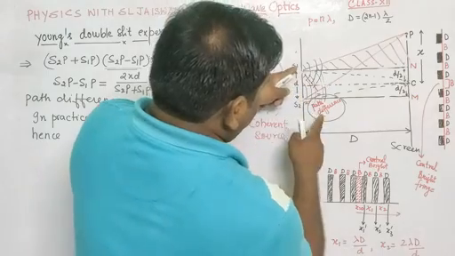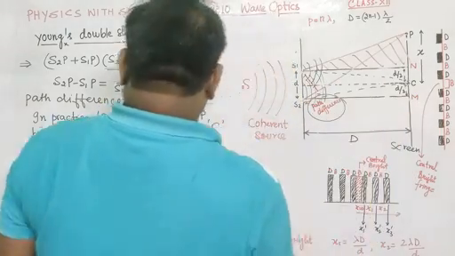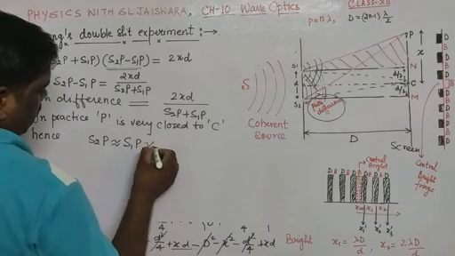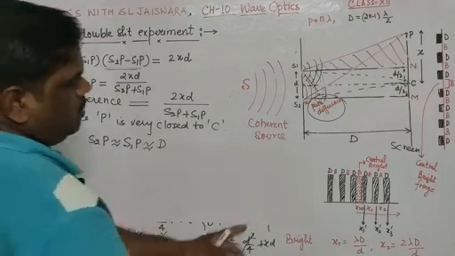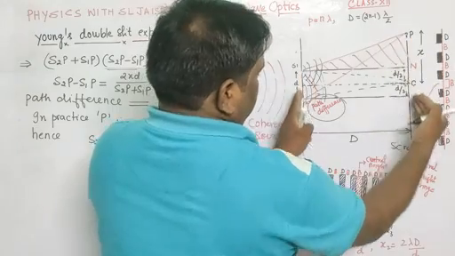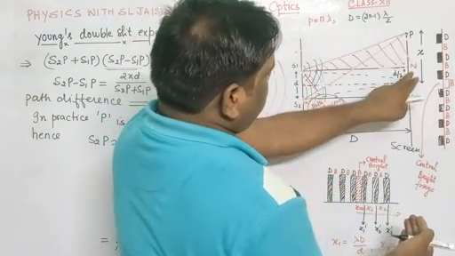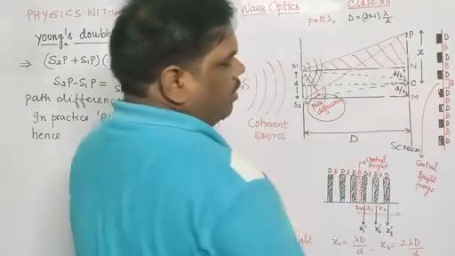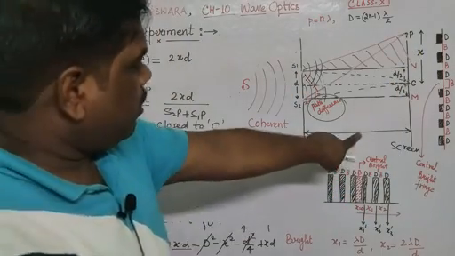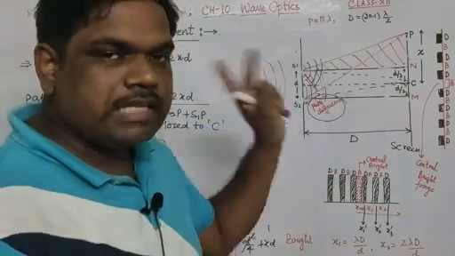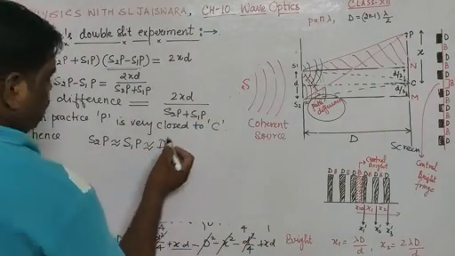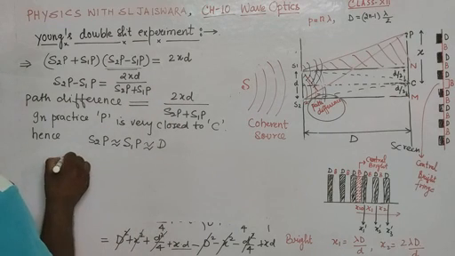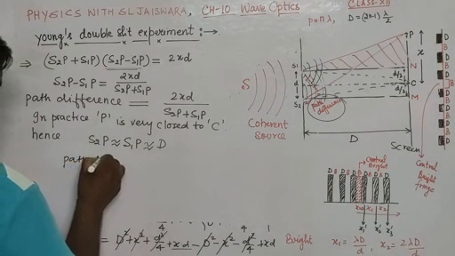and when this point is very close to C, then what happens? S2P is approximately equal to S1P, which is approximately this distance to C. If this point is very close to C, then S1P and S2P will be nearly equal to the distance between the slit and screen, that is capital D. So let us substitute this concept here.